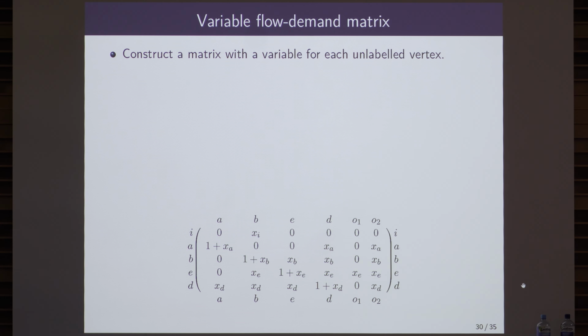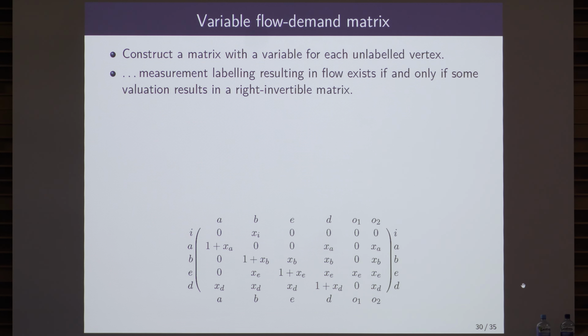So because of that, we can construct one matrix that, based on valuation, captures all different possible measurements in terms of X and Z bases. And because of that, then the question, without too many details again, becomes: can we find some valuation resulting in a right invertible matrix in order to have polyflow?